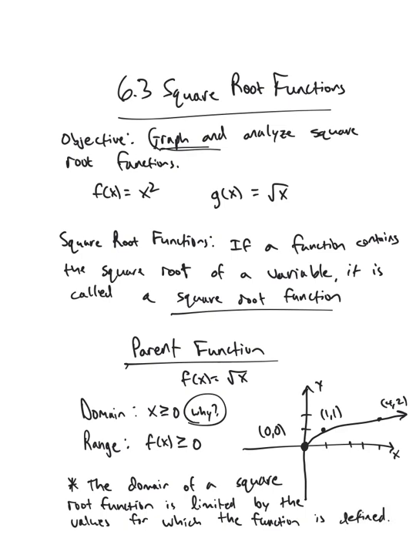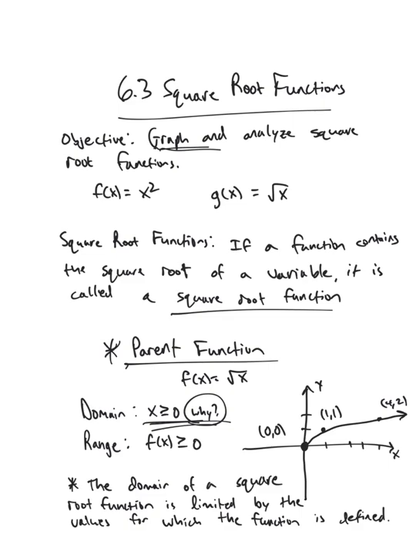And that just goes back to us talking about why does x have to be greater than or equal to 0 in that first one, okay? Because we can't have a negative number under a square root, okay? This, guys, remember, is just for the parent function. We're going to talk about how do you find domain and range of general square root functions.